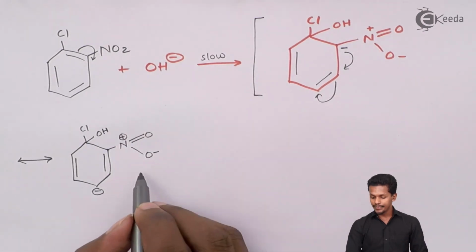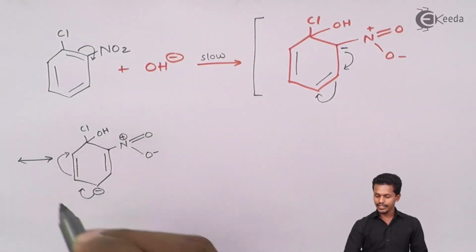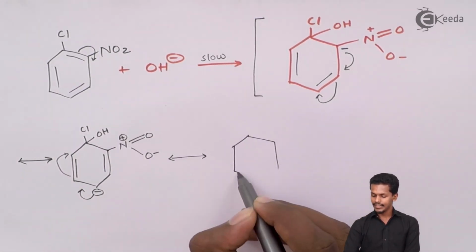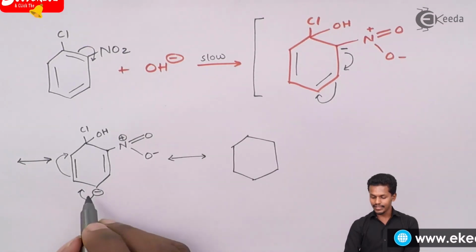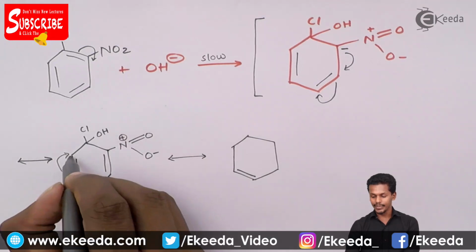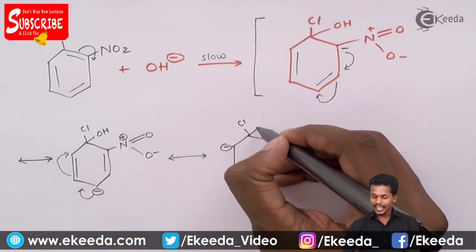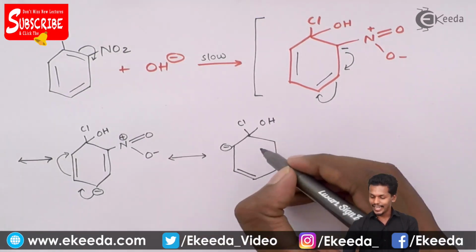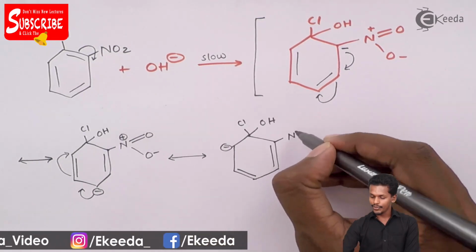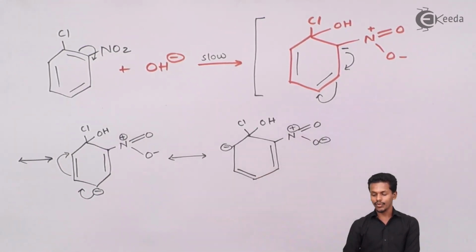And now, suppose again another delocalization takes place over here in this way, where we could find the structure where this has been shifted onto this bond, while meanwhile there will be a negative charge present over here, and here there is Cl along with that of the OH, and here basically there was a double bond that was present according to the resonating structure that we have, and this is what we have got.